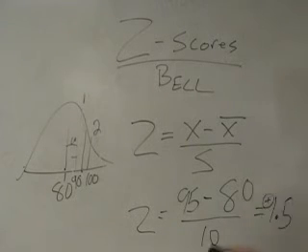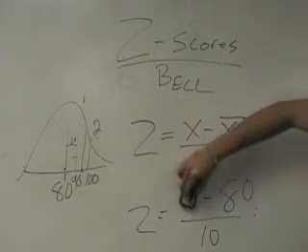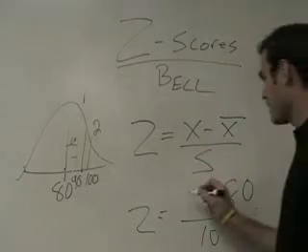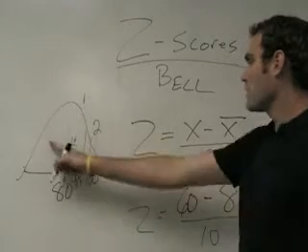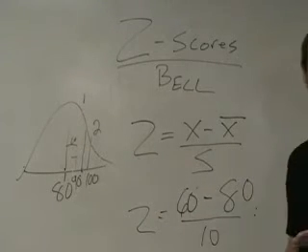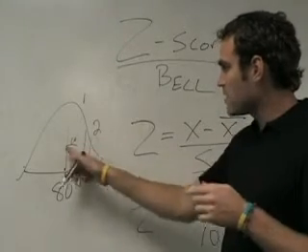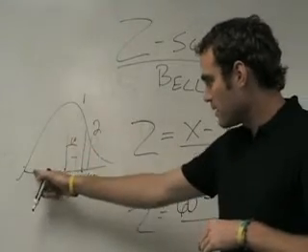Okay? Now, just to get the hang of it, let's try it again. Except let's try 60. I don't have that drawn in our picture, but I did. You should know 60 is how many standard deviations in your head. Think about 60. Standard deviation is 10, mean 80, 60.